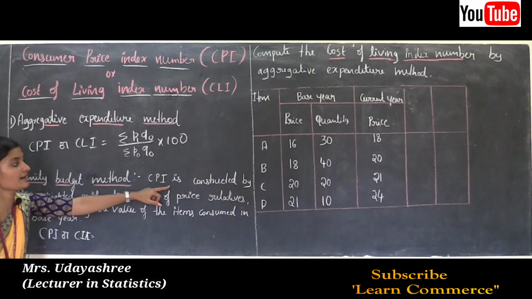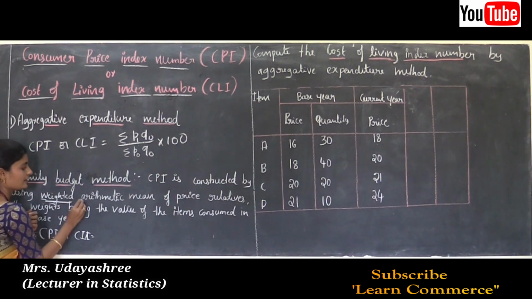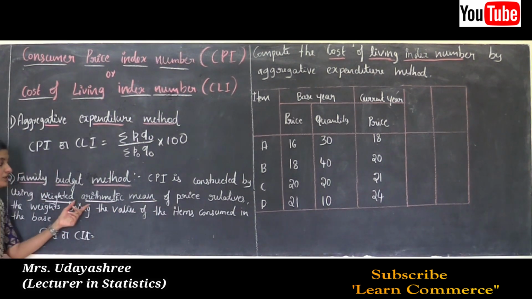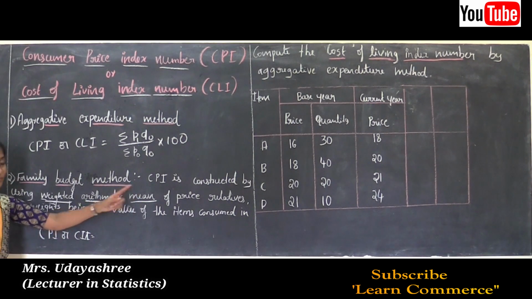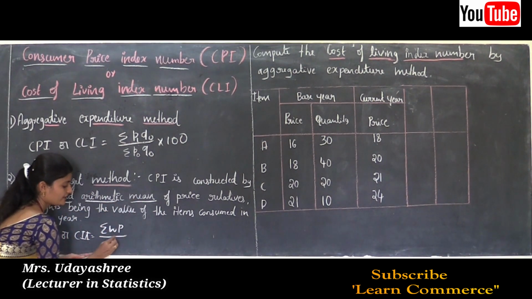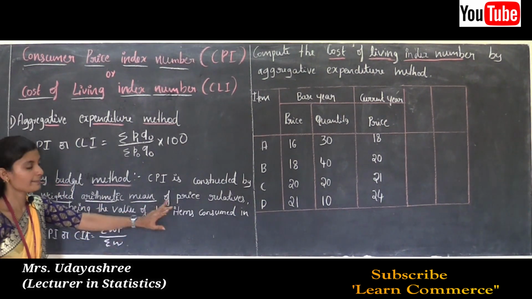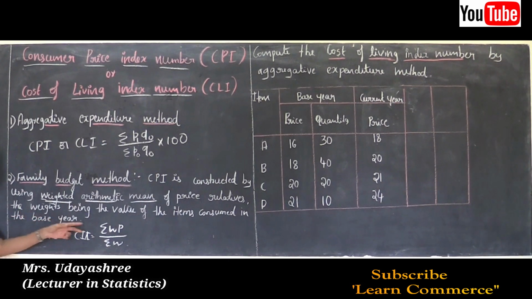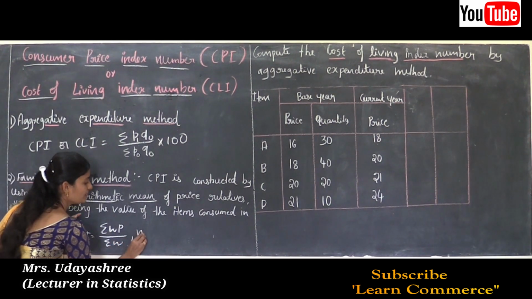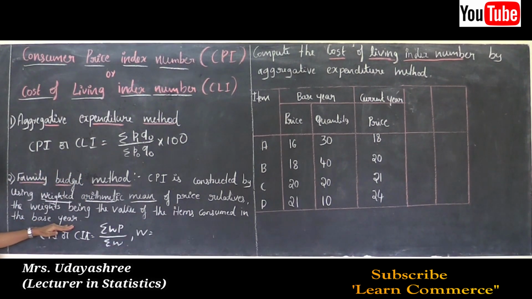We know the formula of weighted arithmetic mean of price relatives, that is summation WP divided by summation W. Here P is price relative, then what is W? Here W is the value of items consumed in the base year.